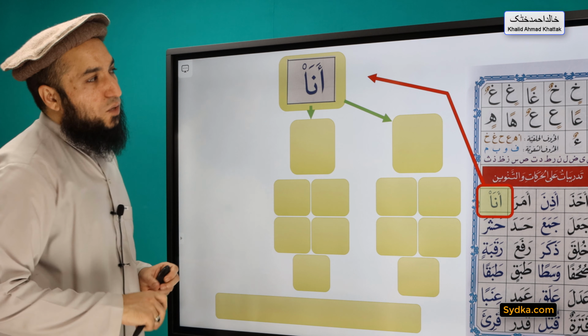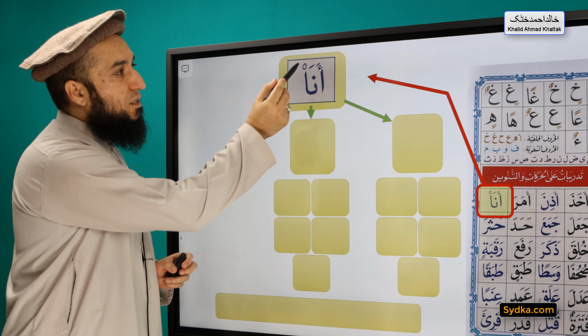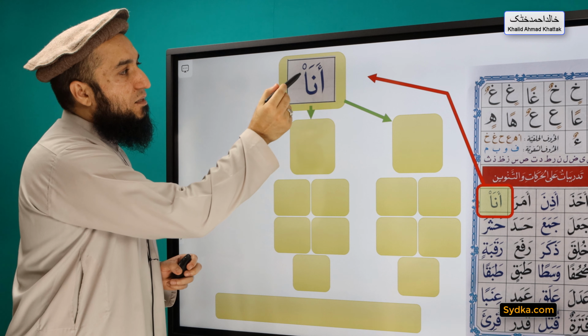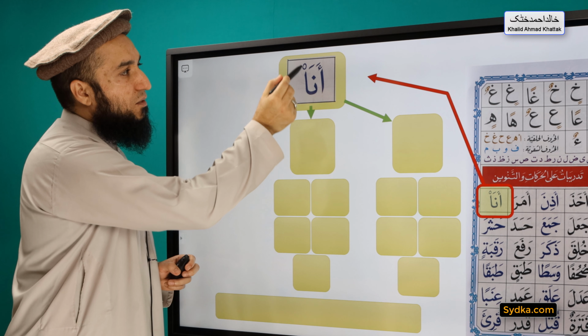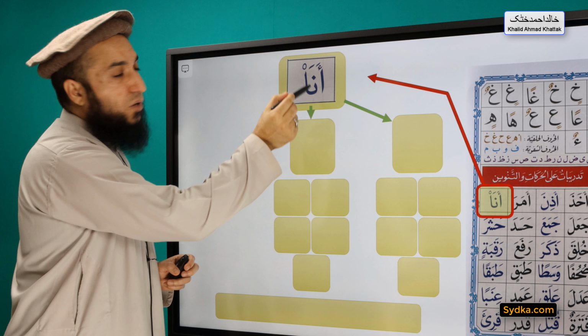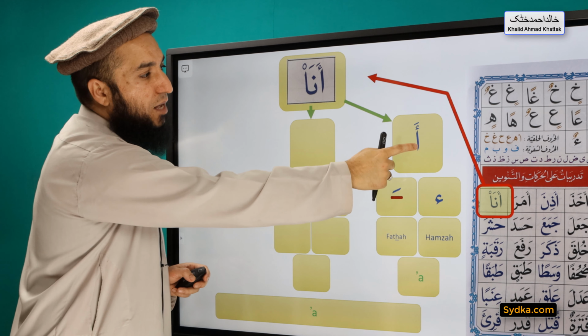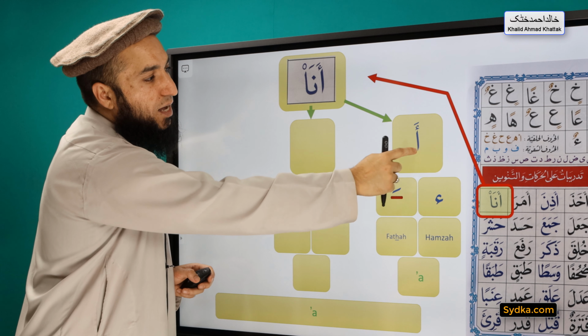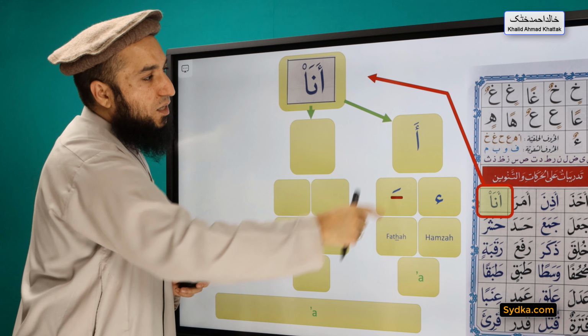And then the next word we have is ana, which has two syllables. If you notice this sign, that means that we have to ignore this part. So it's not ana, it's ana. The first syllable is hamza fatha a, and alif is silent, and then hamza not silent, and then we have fatha.